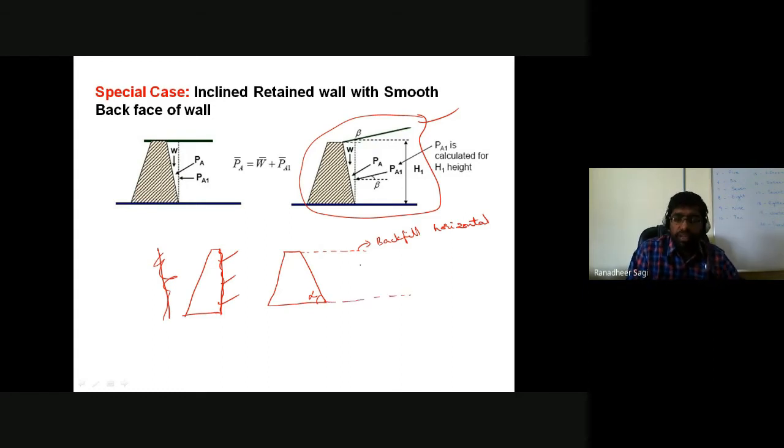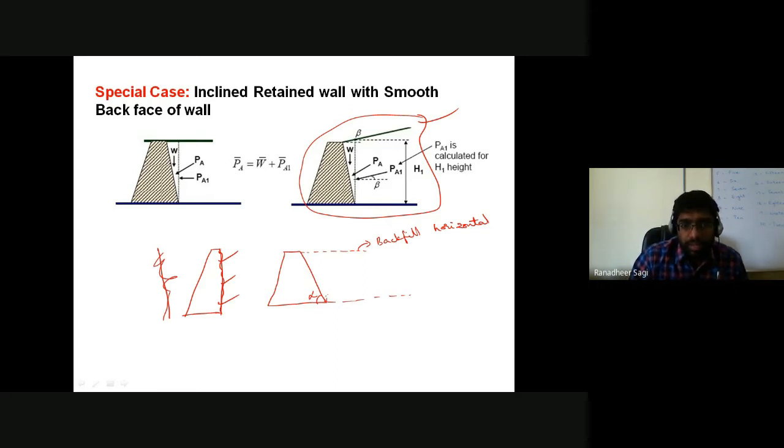Now, when you look at how to calculate the resultant thrust coming from the adjacent soil on the retaining wall, either in the active state or the passive state, earlier, for a horizontal backfill, we know how to calculate the earth pressure distribution diagram and the resultant thrust on the retaining wall.